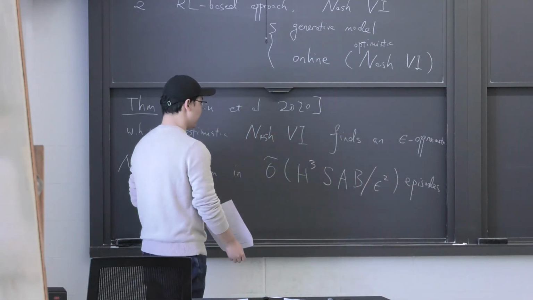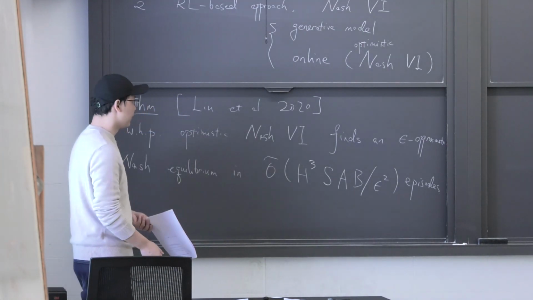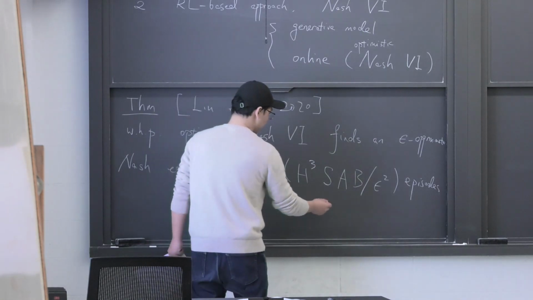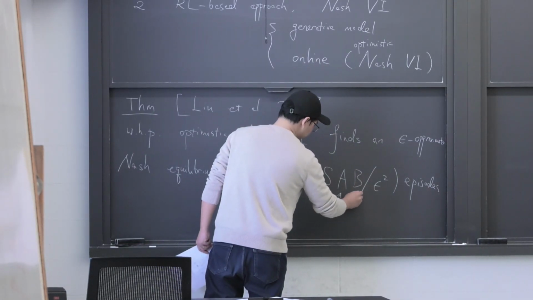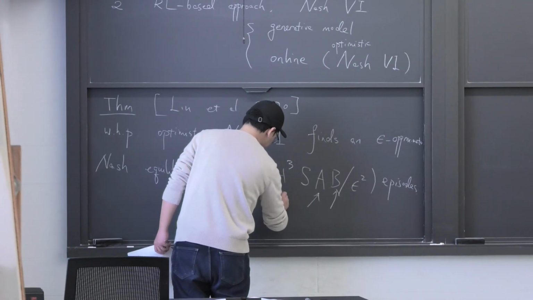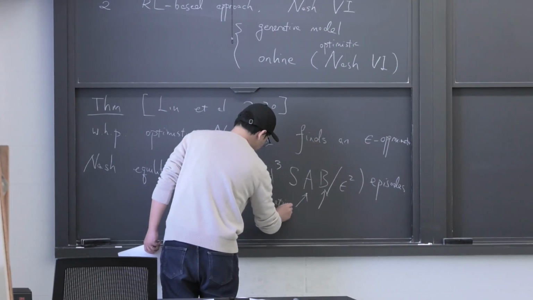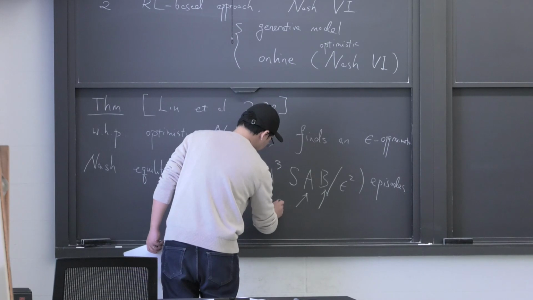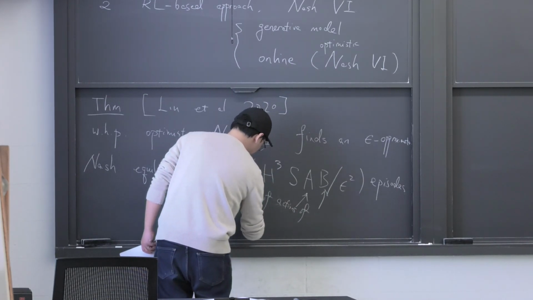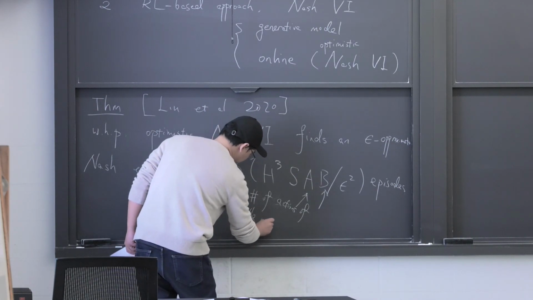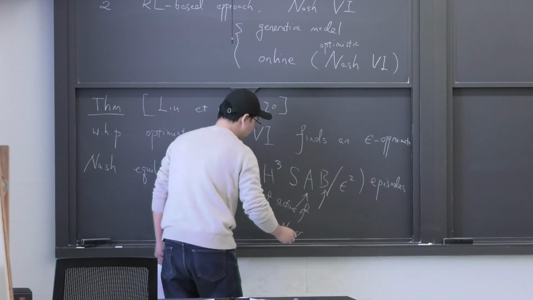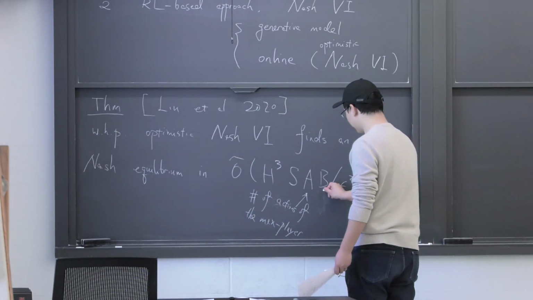And I think the most important thing that makes this different from the single agent guarantee is this: A is the number of actions of the max player, and B is the number of actions of the min player.